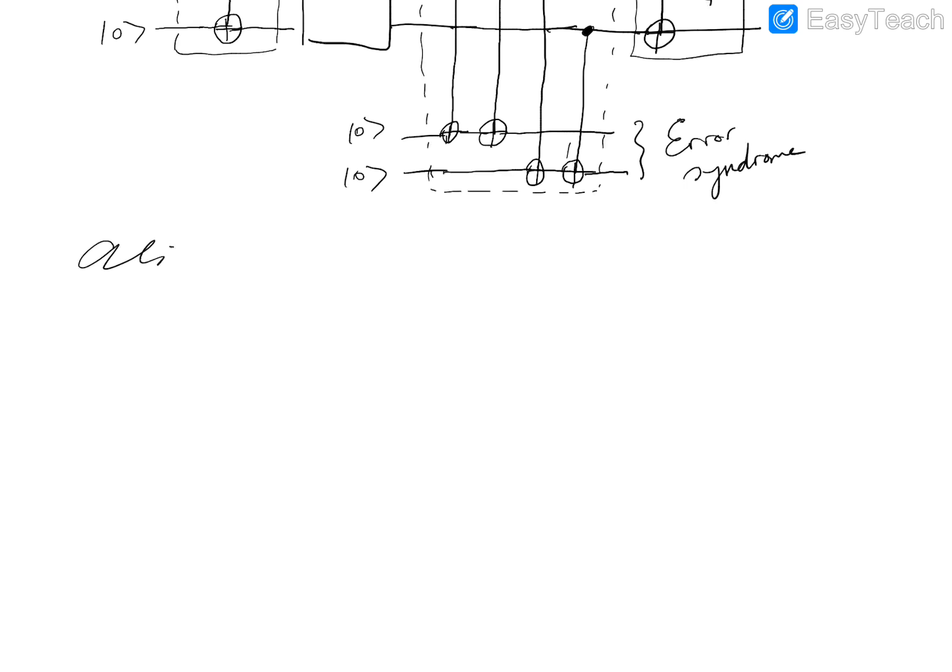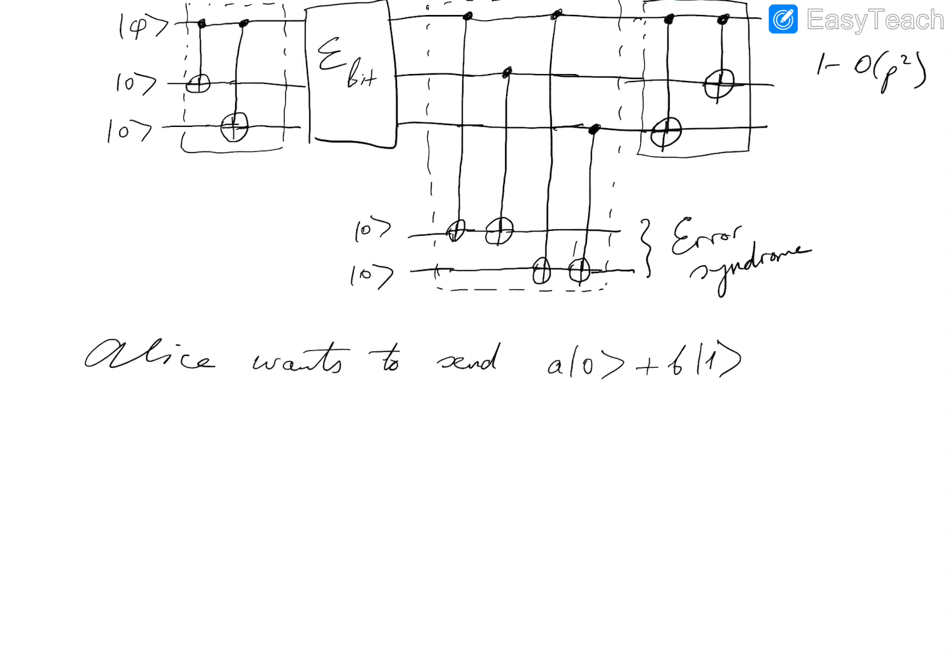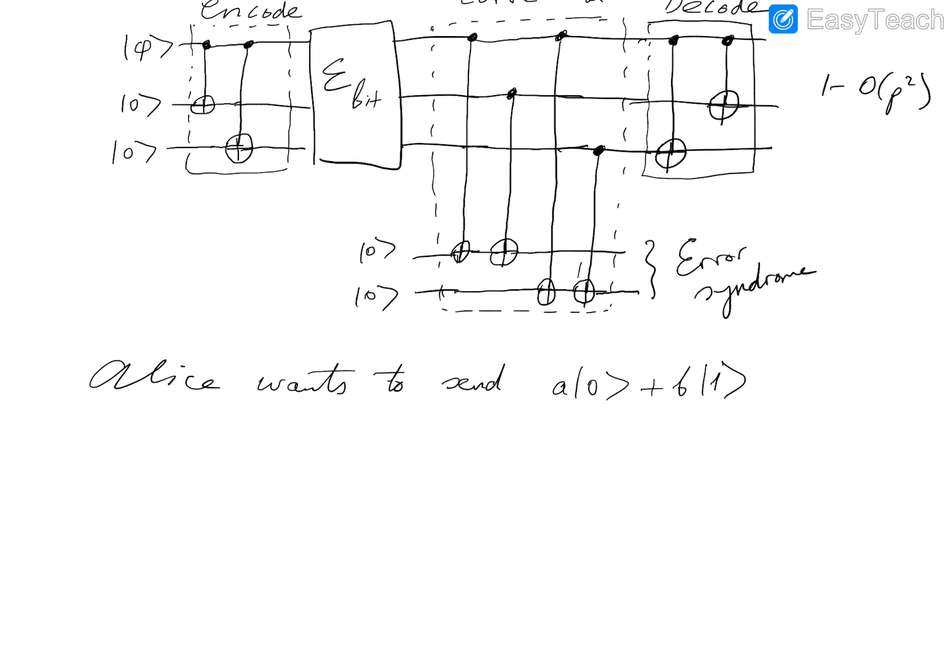All right, so Alice wants to send, let's say, a0 plus b1. Then with the additional qubits, the joint 3-qubit state becomes a0 plus b1, and then we have the two-qubit ancillary state 0, 0.